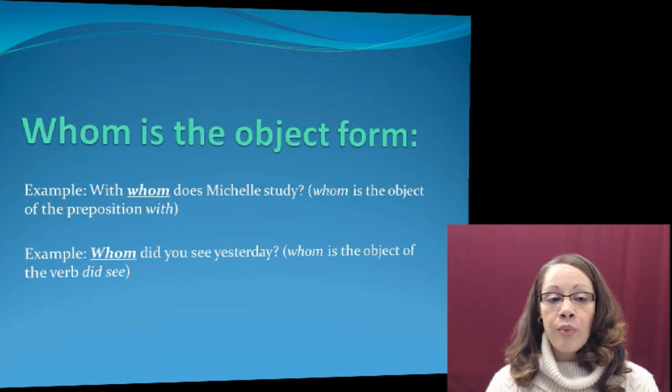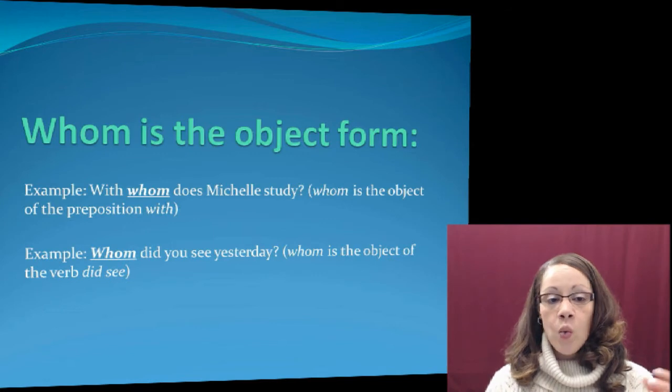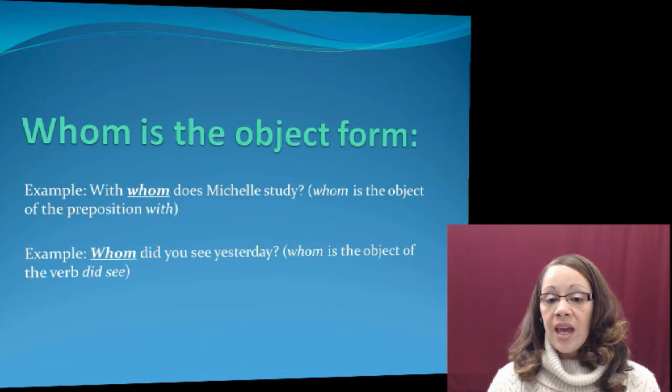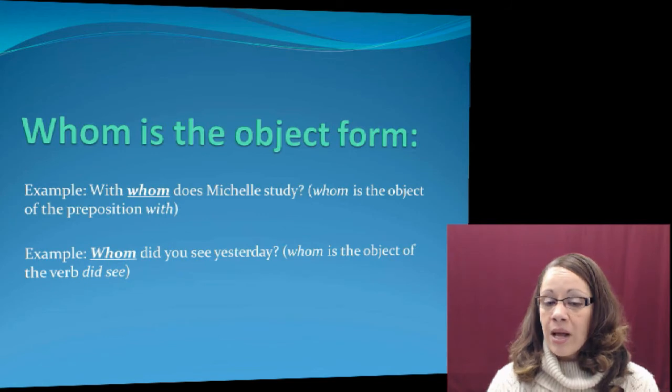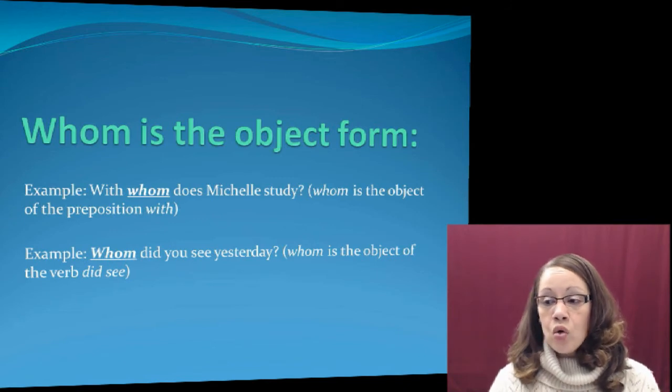So we do have a prepositional phrase in this question. With whom is our prepositional phrase. With is our preposition. Whom is the object of the preposition. So in this case, between who and whom, I need the pronoun whom because I need the object form, and that's whom. Okay? Then our second example, whom did you see yesterday?